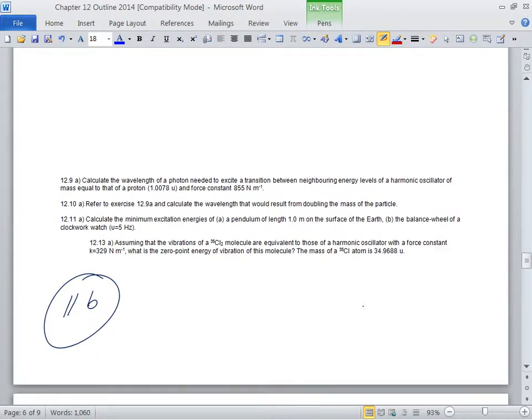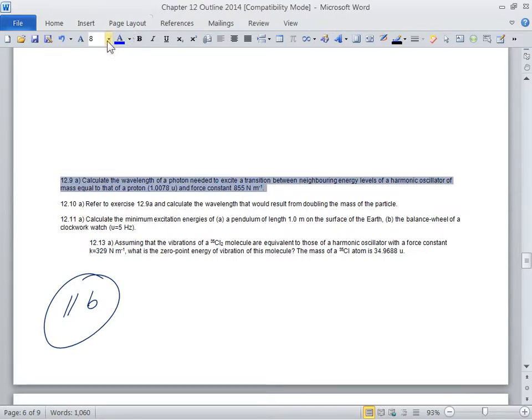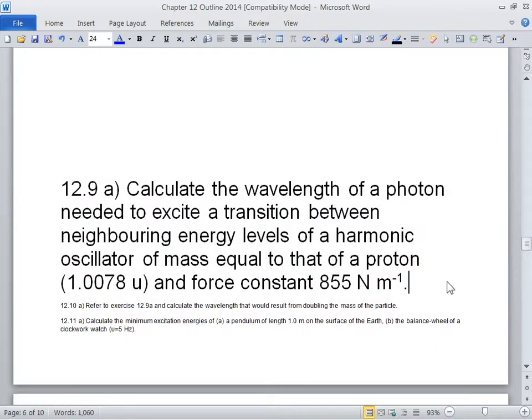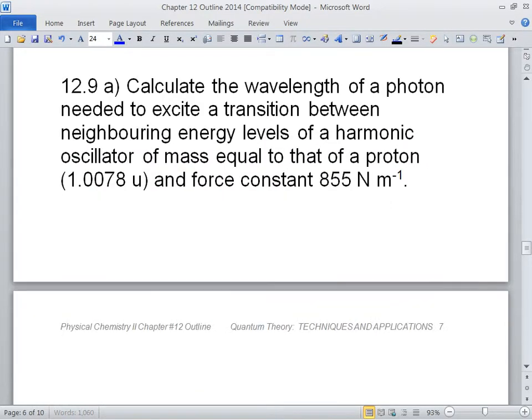How about number 9? Calculate the wavelength of a photon needed to excite a transition between neighboring energy levels of a harmonic oscillator of mass equal to that of a proton and force constant.